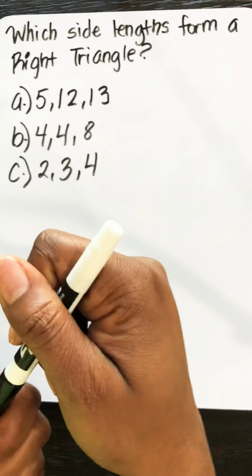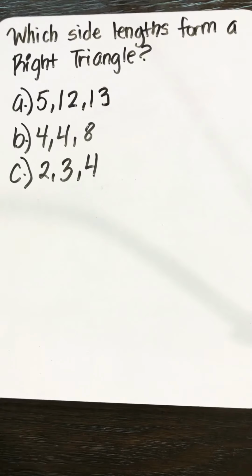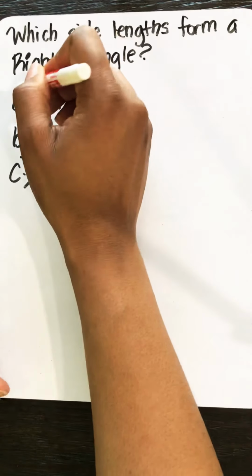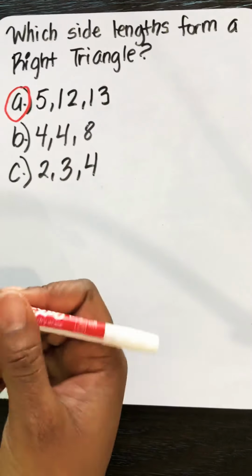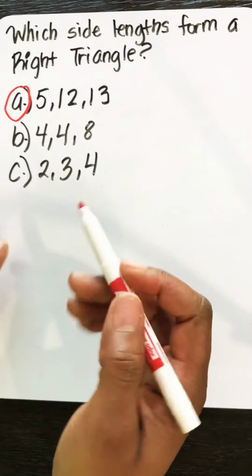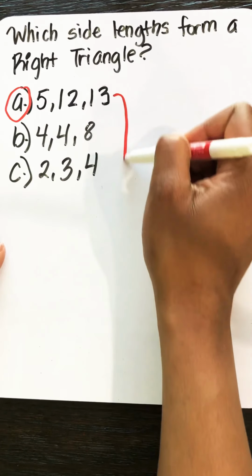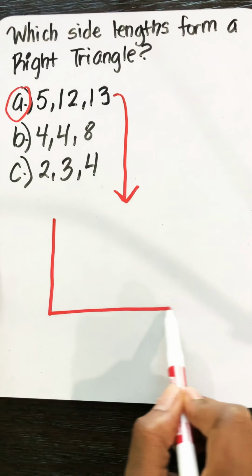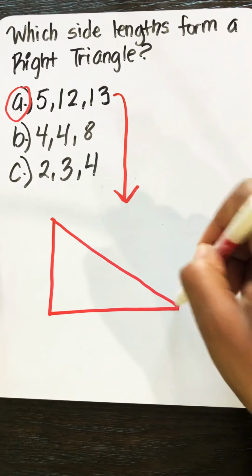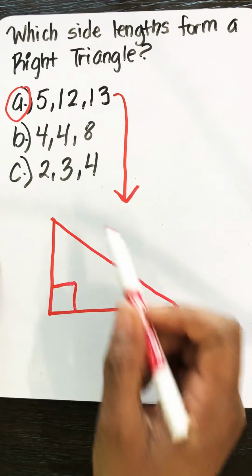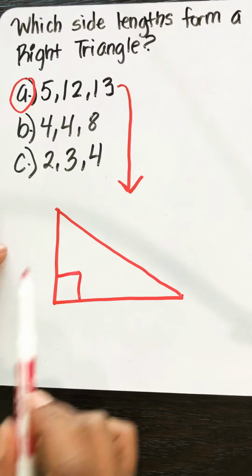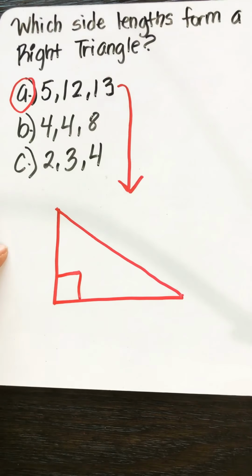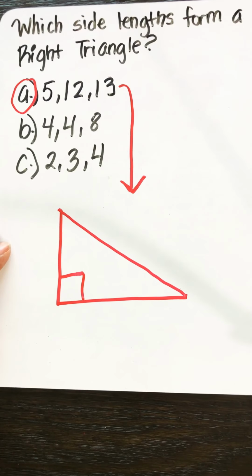Okay, so the best way to do this is you want to take each one. So let's start with A, and you want to test it out using the Pythagorean theorem. We want to first draw our right triangle, right? So we've got side lengths of 5, 12, and 13. Looking at these numbers, which of those would be our hypotenuse?